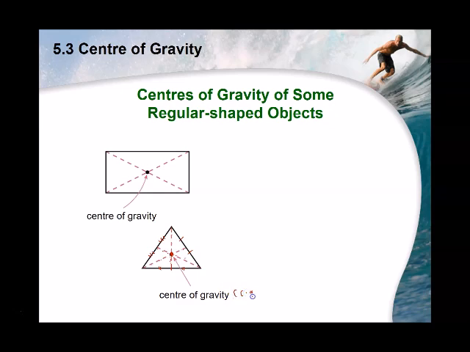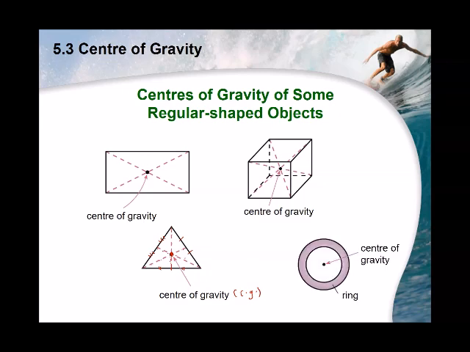Short form of center of gravity, sometimes we will just write it as CG. For a cuboid, it will be right in the middle. For a ring, this is the part which is interesting. For a normal circle, like a disc or a frisbee, the center of gravity is right in the middle.